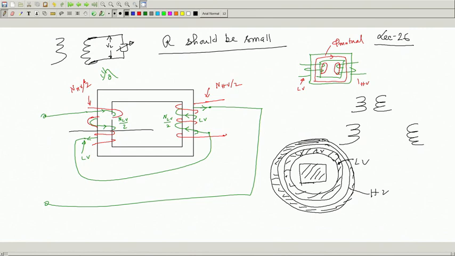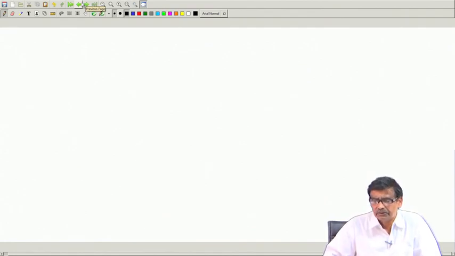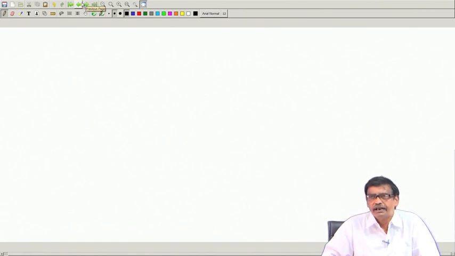So, this is how at the design level people try to adjust the leakage reactance. Anyway, there is no mathematical derivation here, just from common sense we are trying to tell how leakage reactance can be reduced. Now, the next question is, should I go for trying to have leakage impedance 0?